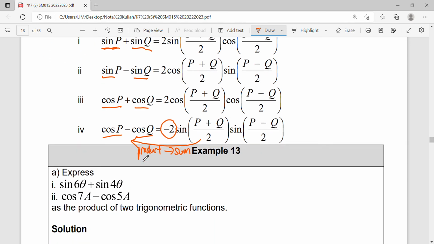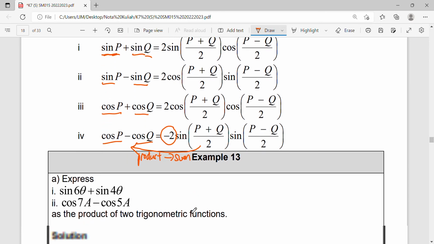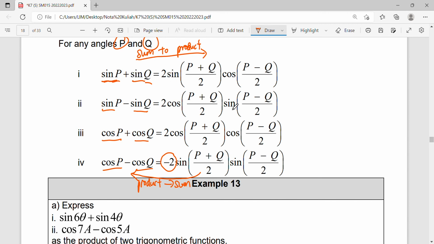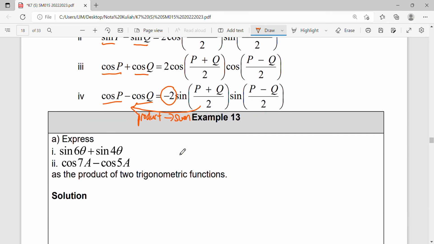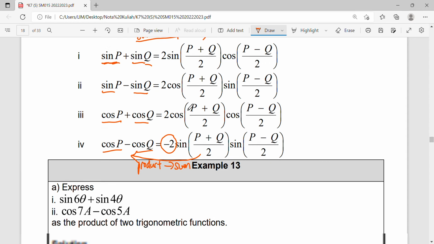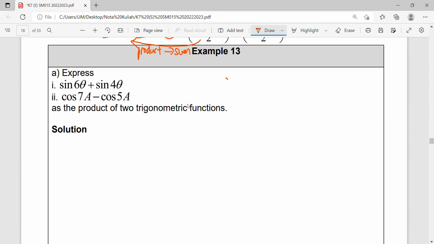So for the example, you can see the first one: express sin 6 theta plus sin 4 theta as a product of two trigonometry terms. So you are expressing sum to product. So you are using your formula from left to right. What formula can you use here? Sine plus sine.